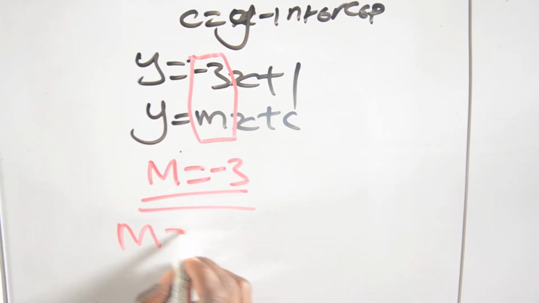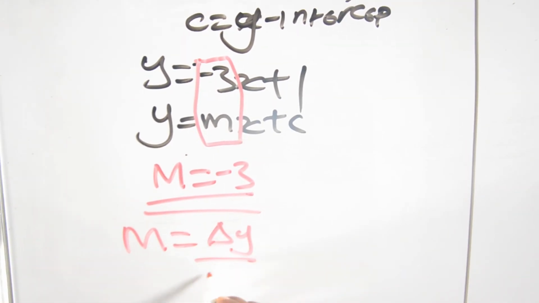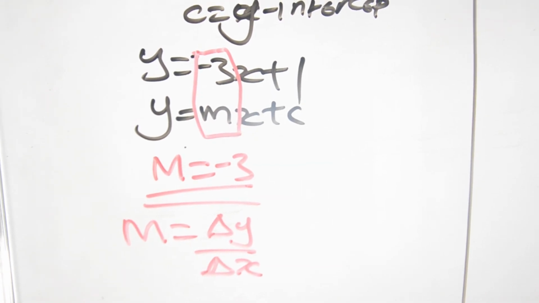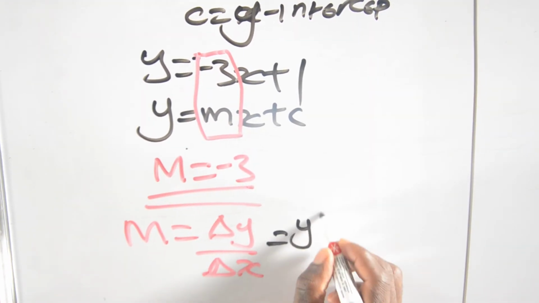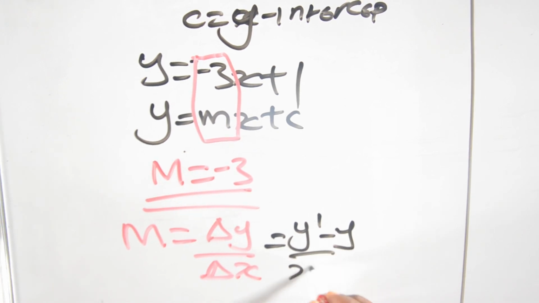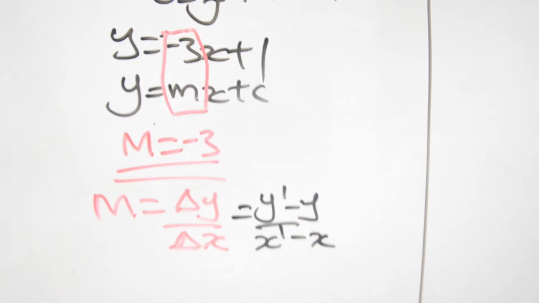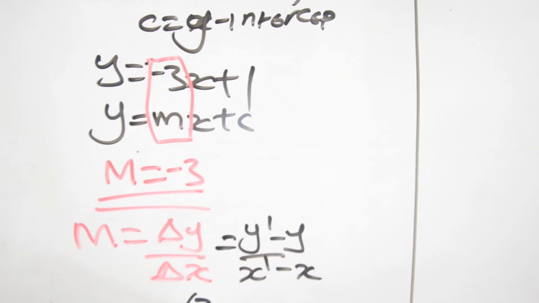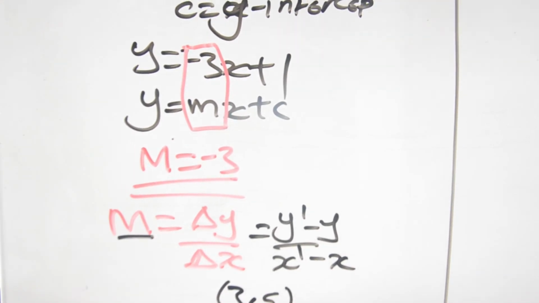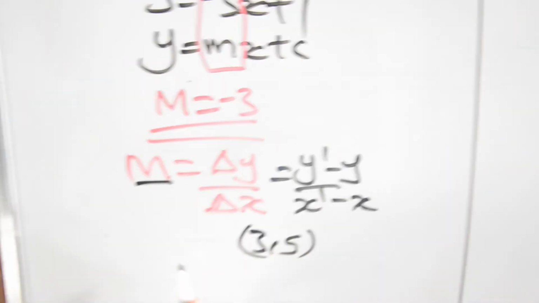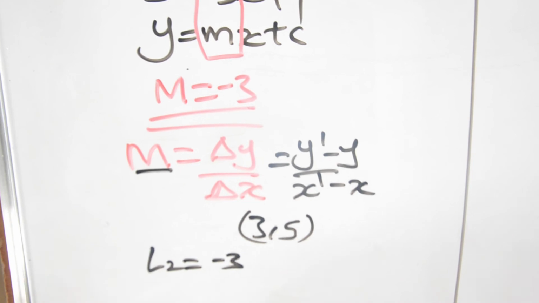And we say m is given by change in y over change in x, which is y1 minus y over x1 minus x. The coordinates of the point the line passes through are (3, 5). We already have our gradient: because the first line is parallel to this one, the gradient of L2 is also equal to -3.